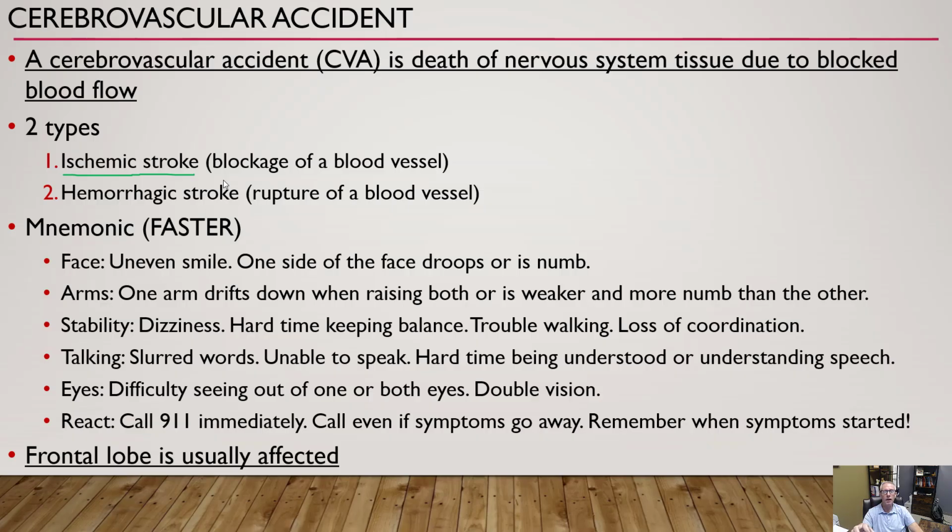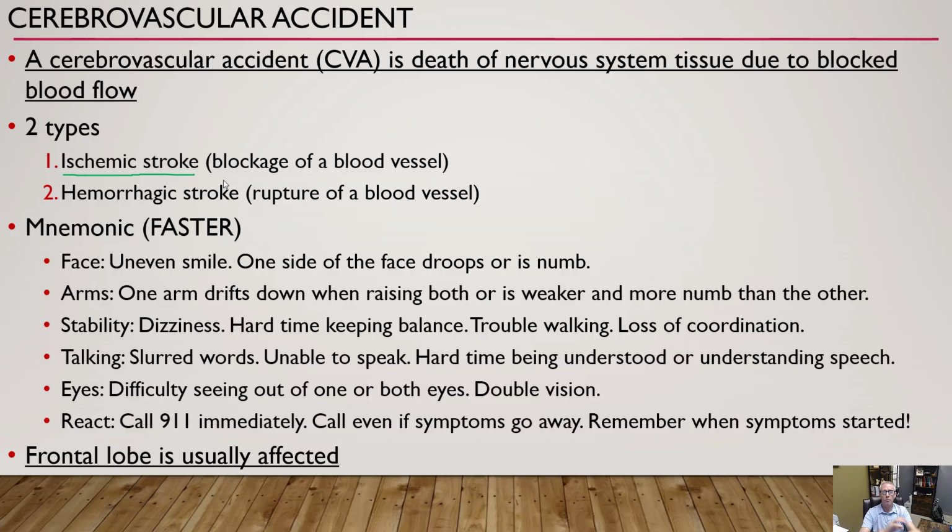Typically, let's say you have a clot down in your leg. That's called a thrombus, and that clot has dislodged. Once a clot dislodges, that's called an embolus, and that embolus then travels up into your brain and blocks the blood flow.